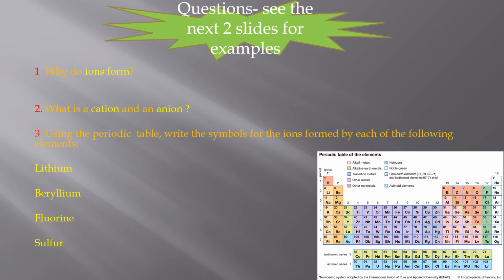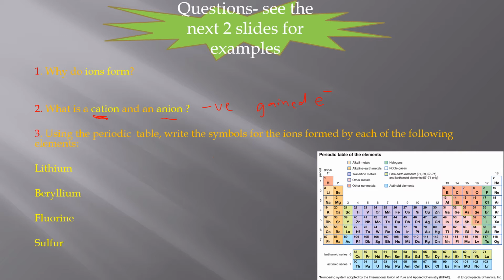A cation is a positively charged ion and an anion is a negatively charged ion. So an anion is negatively charged, so it has more negative charges, so it must have gained an electron or some electrons. If a cation is positive, it must have lost them. It must have been, for example, oxidized.